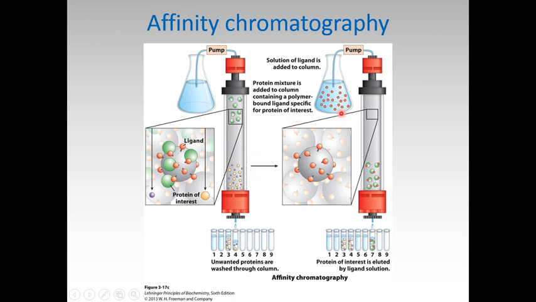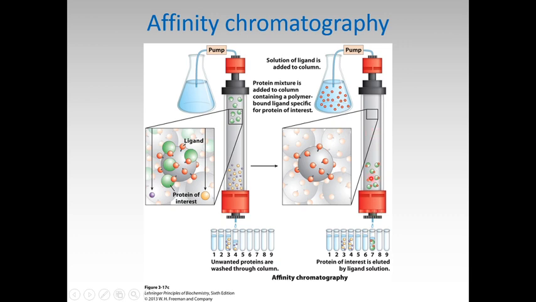Later on, a solution of a ligand in the buffer is added to the column so as to decrease the affinity of the proteins to the ligands that are attached to the beads. As the concentration of the ligand in the solution increases, the protein binds to the ligand in the buffer and detaches itself from the stationary phase.